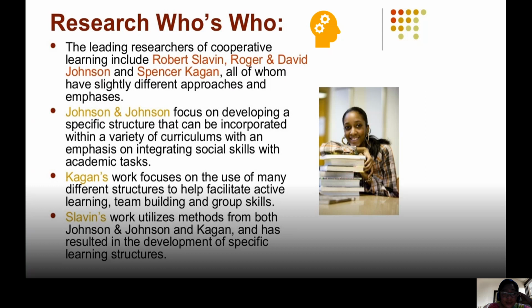Kagan's work focuses on the use of many different structures to help facilitate active learning, team building, and group skills. Slavin's utilizes methods from both Johnson and Kagan and has resulted in the development of specific learning structures. So basically, Slavin is the combination of Johnson and Johnson's and Kagan's methods of collaborative learning.